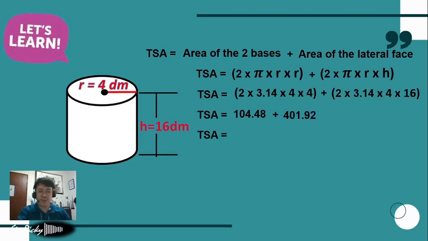As you can remember, this one is the area of the two circular bases, and this is the area of the lateral face. If we add that, we will get 502.40 square decimeters. So we get the same answer using the formula.